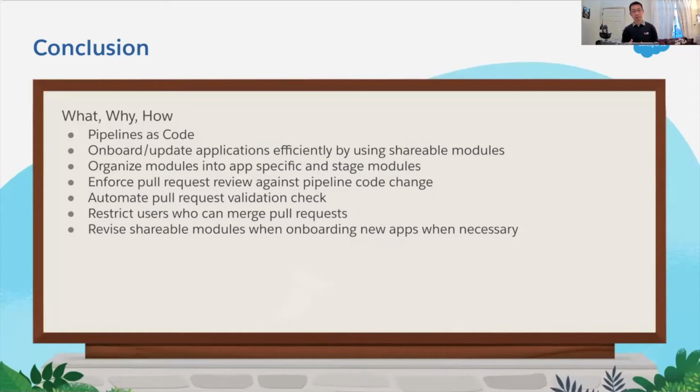We automate pull request validation checks and restrict users who can merge pull requests. And the final point is we have been revising shareable modules when onboarding new apps. From this experience, we have made modules more extensible and shareable for current and future services.